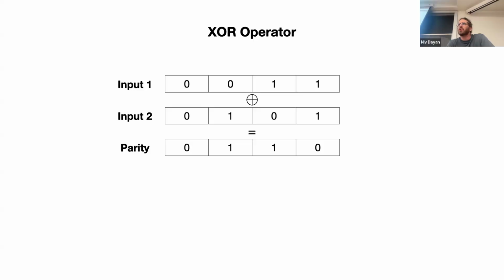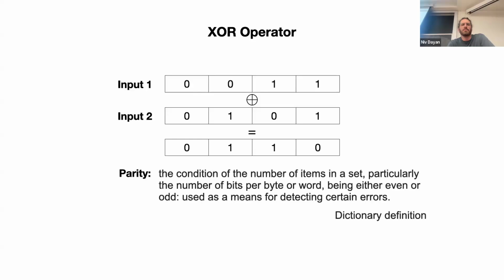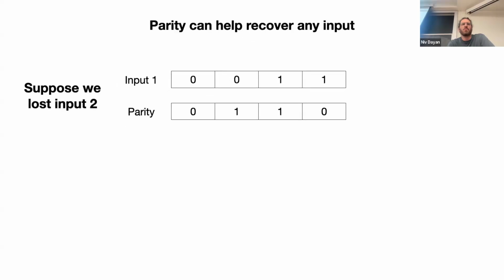Now, an interesting property about XOR is that assuming we XOR two inputs, we have the parity. The parity is the result of XORing them. The parity allows us to recover any one of the inputs, assuming we have the parity and all the other inputs except the one that we lost. In this case, suppose we have input 1.